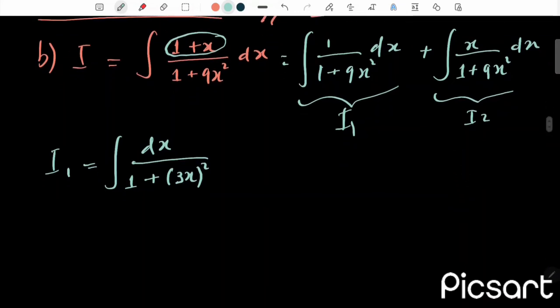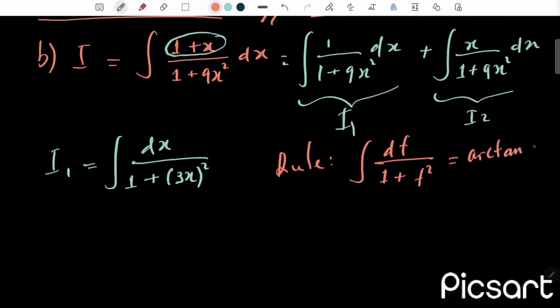And we can remember that there is a rule: the integral of df over 1 plus f squared is equal to arctan of f plus c.